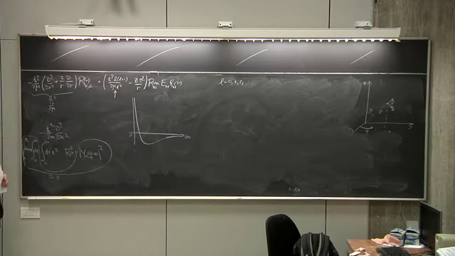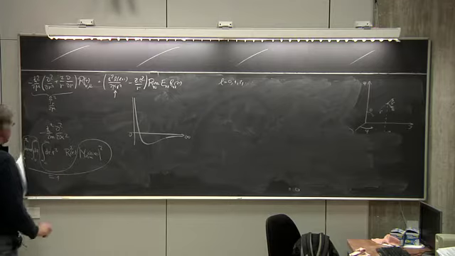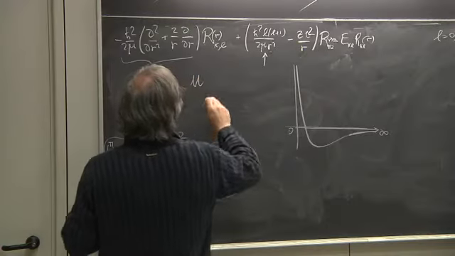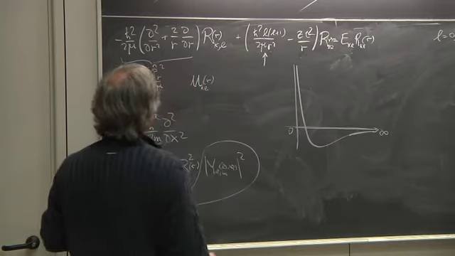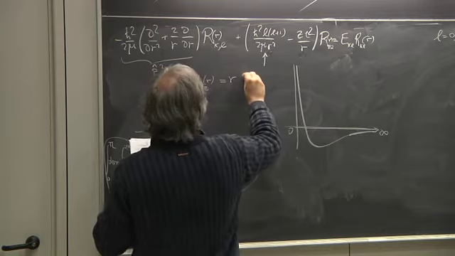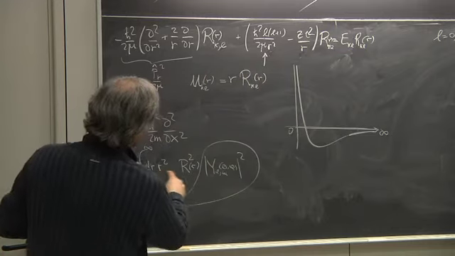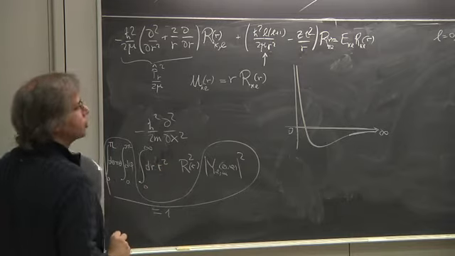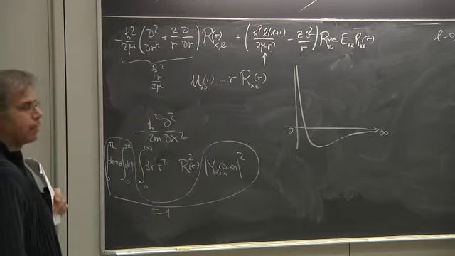Now, luckily enough, this is also the clue to what we should do. And the thing to do is the following. Define a new function, u of r, u of k and l, which is simply r times the radial function. You see that r is what accompanies the radial function in this normalization. So just put it in front and call the result u.